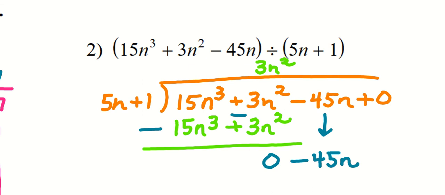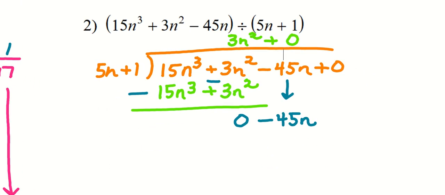5n into 0 is 0, so we're going to put a plus 0 here. Multiply that 0 through. 0 times anything is 0, 0, 0. It gives me nothing, right? I'm going to change the sign here. The remainder is negative 45n.